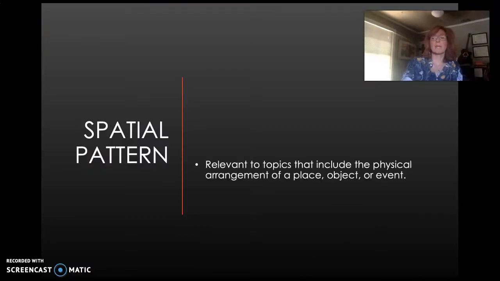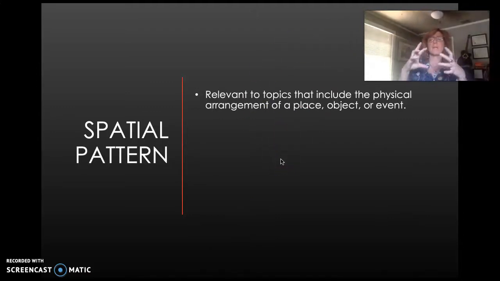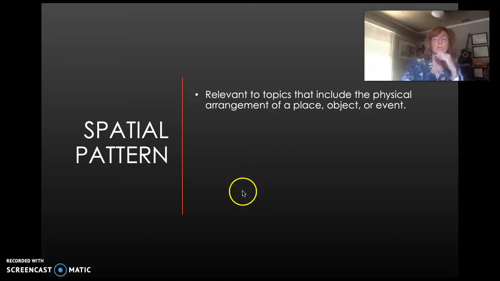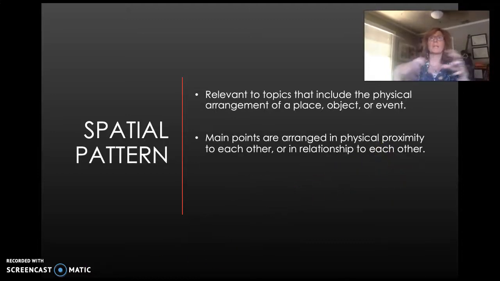Spatial pattern. If you're giving a speech that relates to the physical arrangements of a place, object, or event, that's what we call a spatial pattern. So your main points would revolve around these physical places and their relationship to each other. This could be a speech about a museum exhibit.